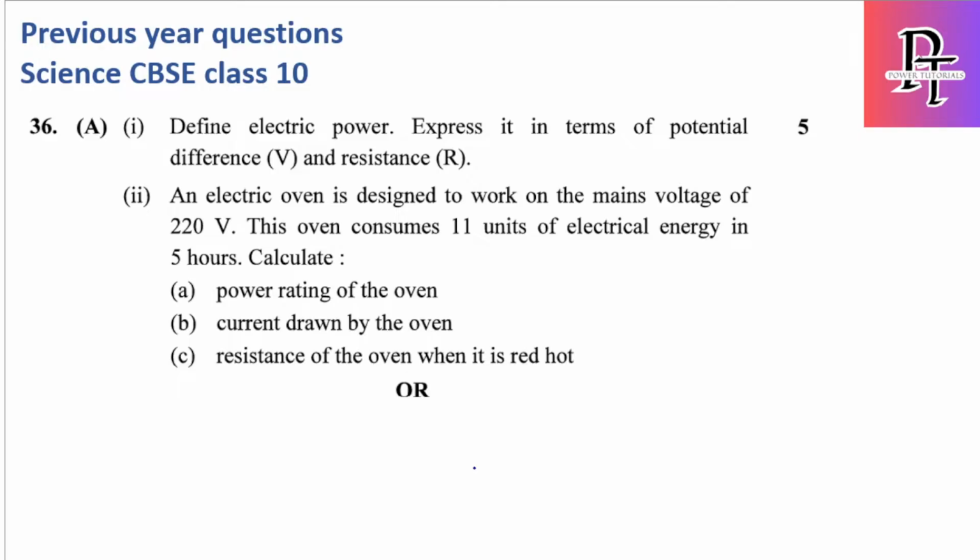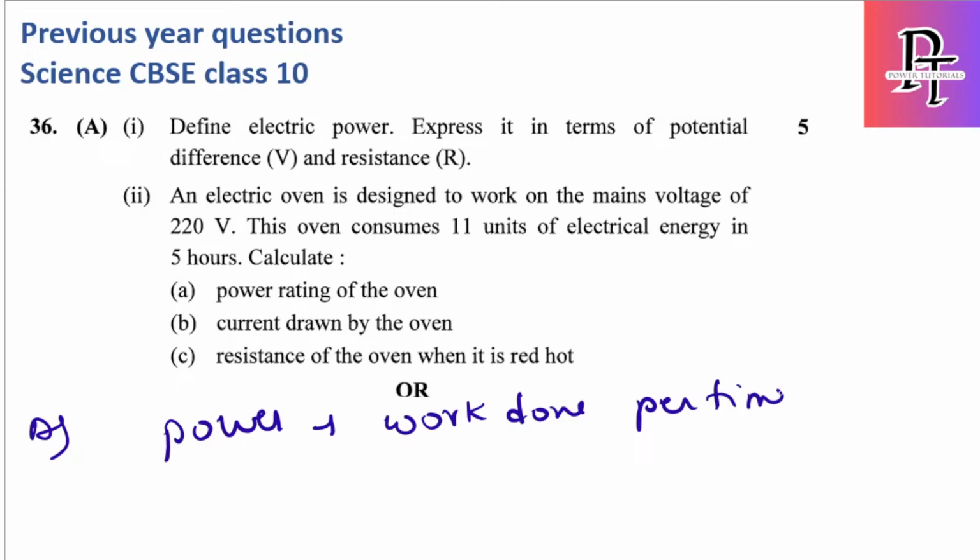So let's continue. Electric power expressed in terms of potential difference and resistance. Power is defined as work done per time. So it is a basic definition. Power is defined as the rate of work done, and rate is nothing but per time.